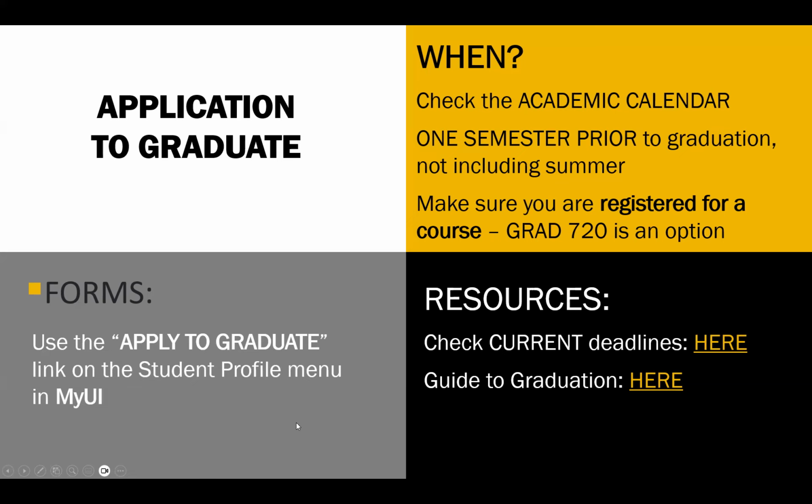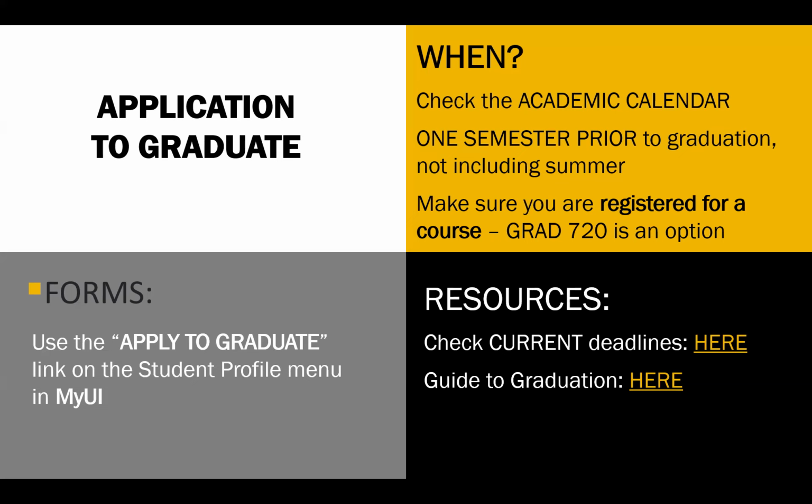One thing I do want to note, it may not be an issue, but if you are an international student, registering for a 0 credit course could have different implications. I'm not going to say what those are, but make sure you check with the International Programs Office before registering for a 0 credit course, just in case.